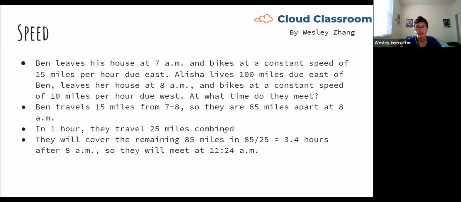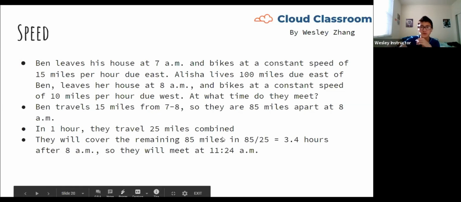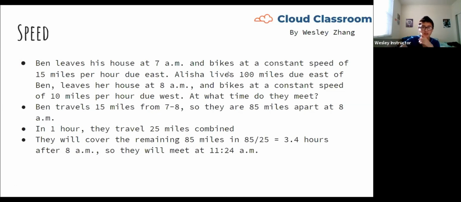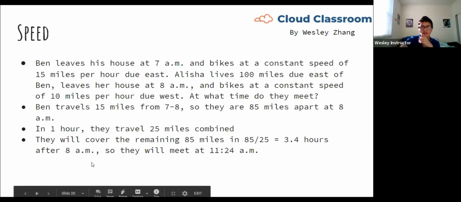So if together they travel 25 miles in 1 hour, and they still have 85 miles between them, we just divide 85 by 25 to get 3.4 hours. So they will meet at 11:24. And remember, we start this problem at 8 a.m. because we already covered the 15 miles Ben travels from 7 to 8. So we start at 8 a.m. for this problem.